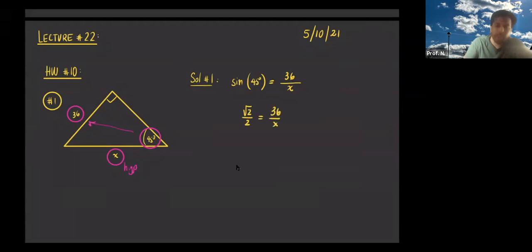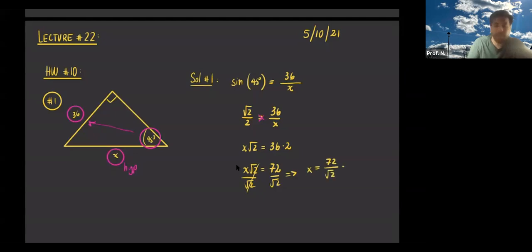And then we have a proportion that we can solve by cross multiplying. And we get that x rad 2 is equal to 36 times 2. So x rad 2 equals 72. Divide by rad 2, because I want to get x, right? And I get that x is equal to 72 over rad 2.